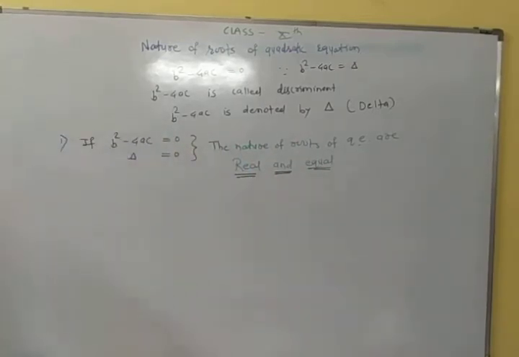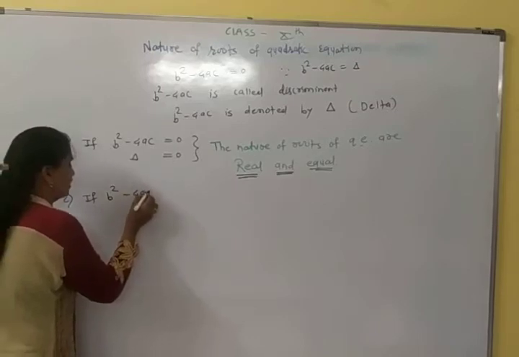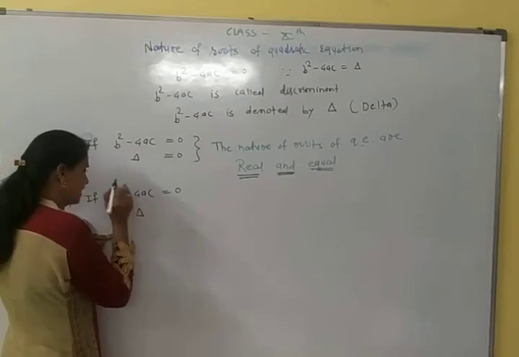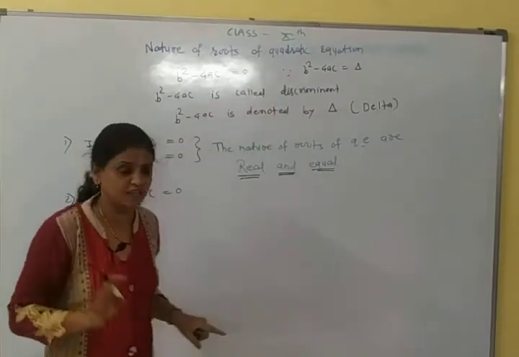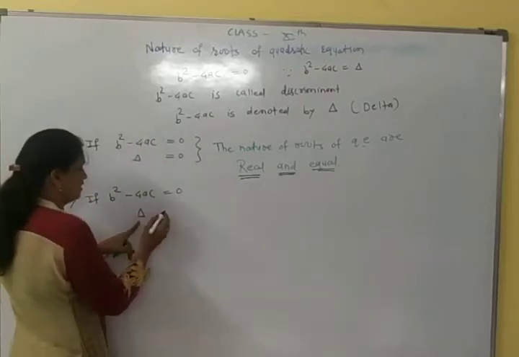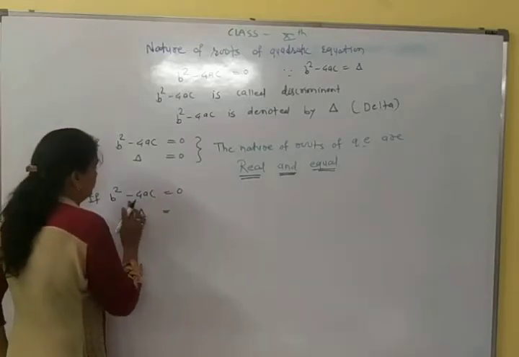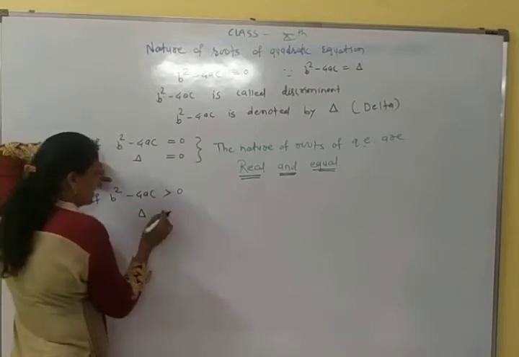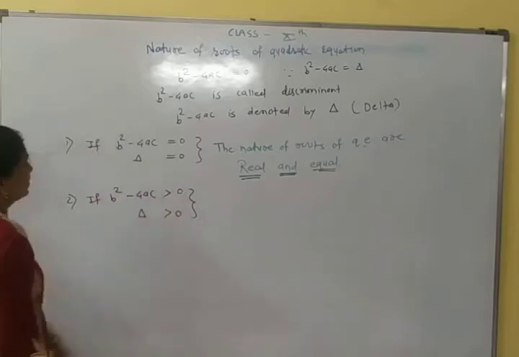Okay. Then second, delta, discriminant and b square minus 4ac all are same. If b square minus 4ac is greater than 0, means delta greater than 0.